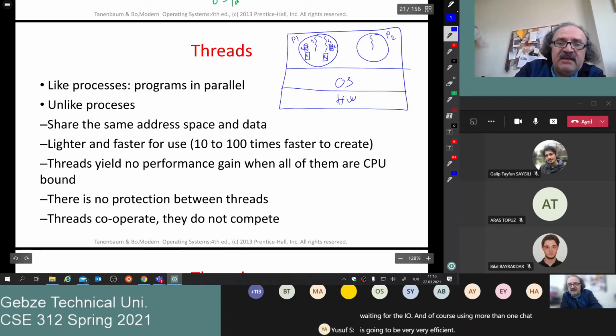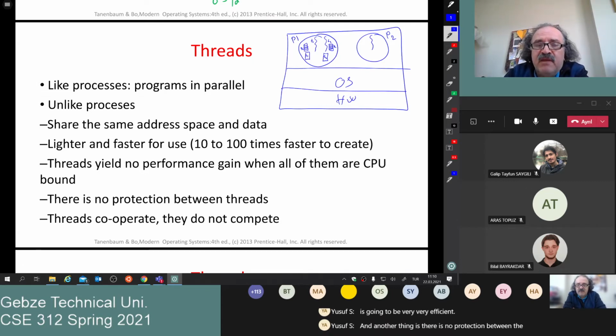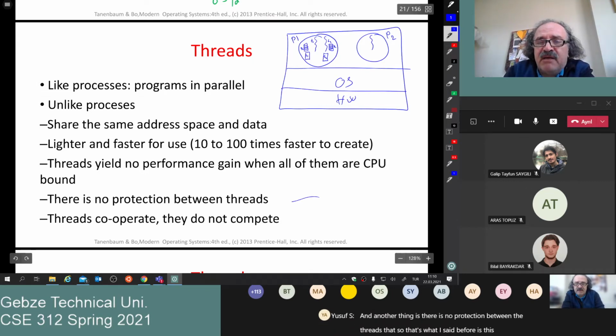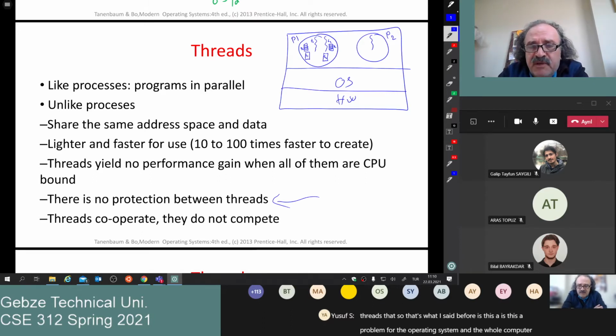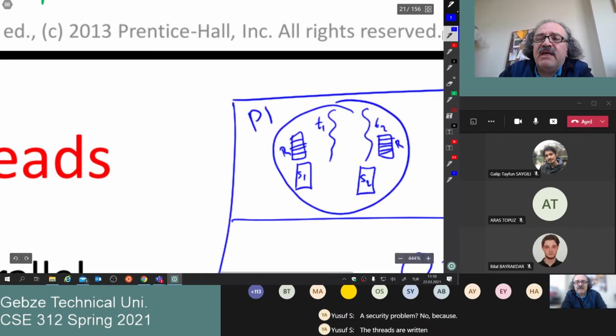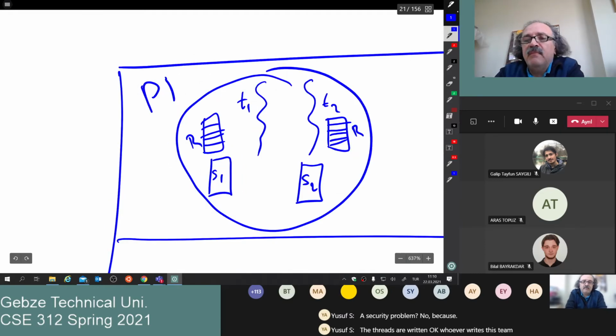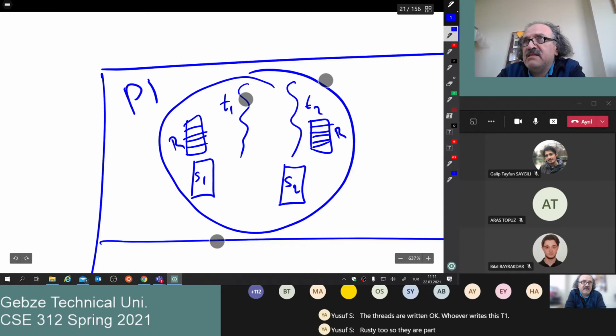And another thing is there is no protection between the threads. That's what I said before. Is this a problem for the operating system and the whole computer? A security problem? No, because the threads are written by whoever writes T1 and T2, so they are part of the same process.